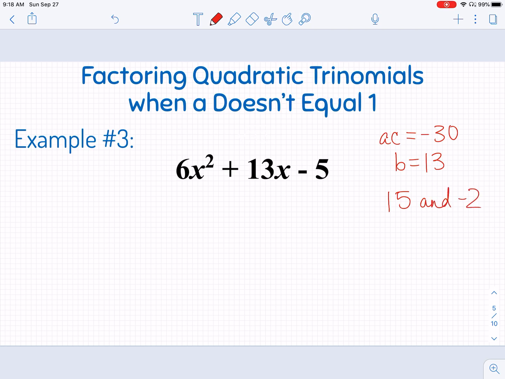So I'm going to break my 13 apart into 15x and negative 2x. I'm going to leave my a and c terms alone. Remember, that's very similar to the box method strategy. We left a, the very first term alone, the very last term alone stuck in the box. And then we broke up that middle term into two manageable chunks.